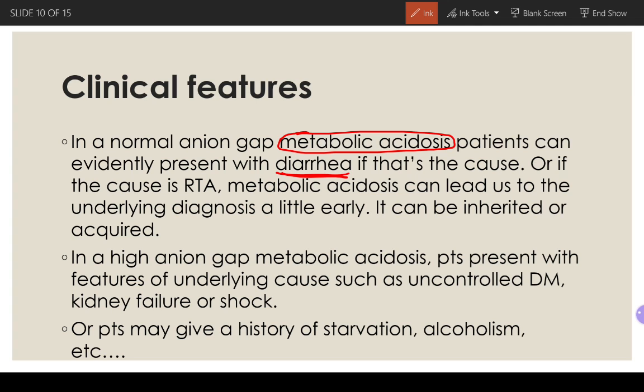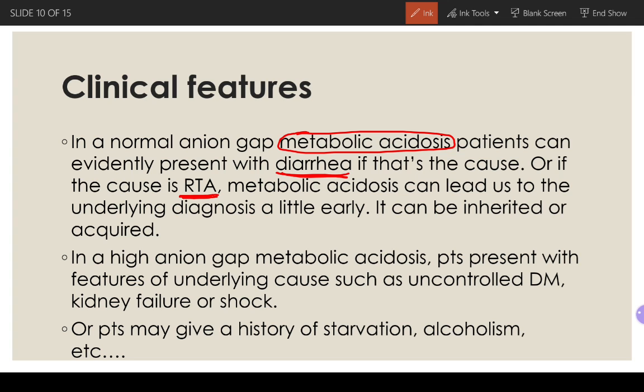Or if the cause is renal tubular acidosis, metabolic acidosis can lead us to the underlying diagnosis a little early. So if you have suspected metabolic acidosis in a patient, then it can also tell us that RTA is the cause, and the diagnosis of RTA can be early.